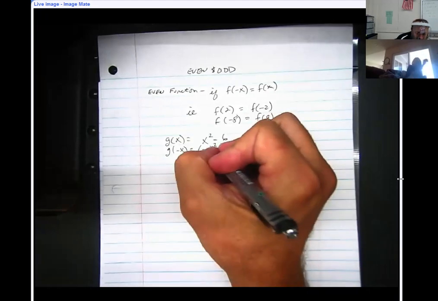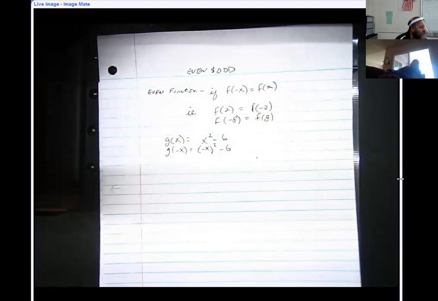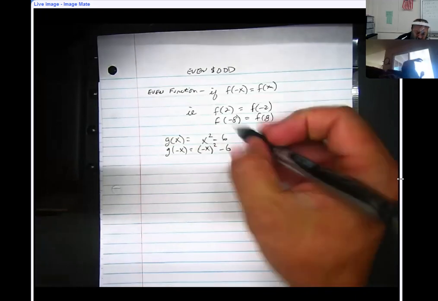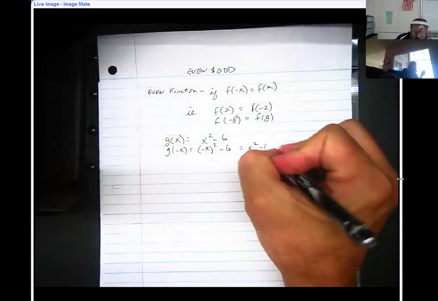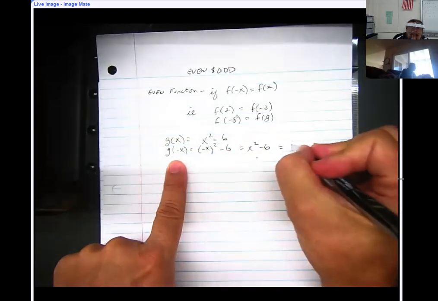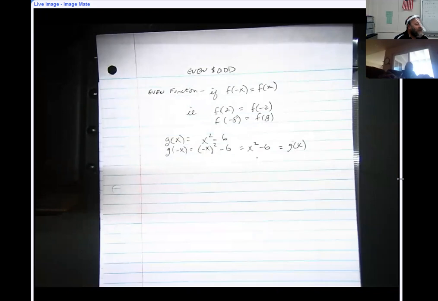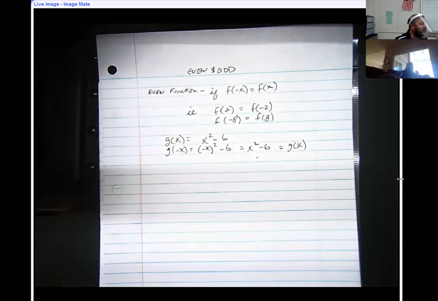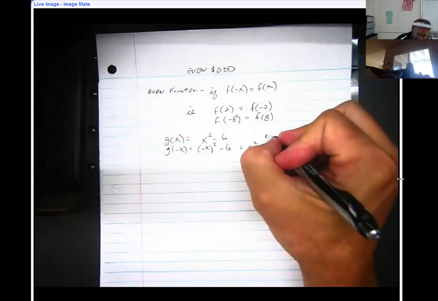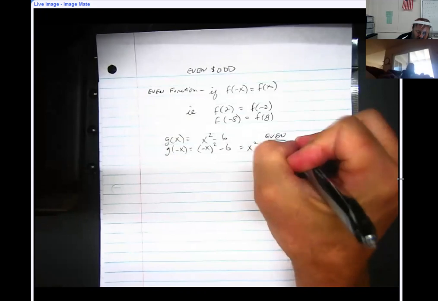Now, what is negative x times negative x? That's positive x squared, right? And so what happened is, notice this g of negative x became exactly where the problem began. That matches the definition of an even function. Fairly simple little idea. So this one was a good example of an even.